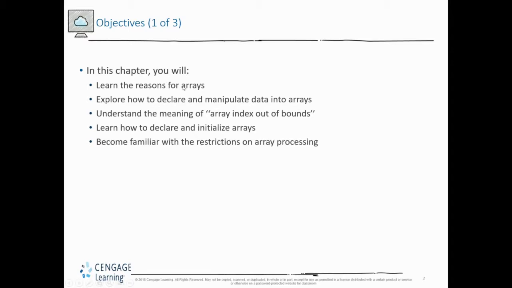But anyway, all right. So arrays, why? Because one variable can basically have 1,000 different elements, but all with the same variable name, meaning array name. Explore how to declare and manipulate data into arrays.